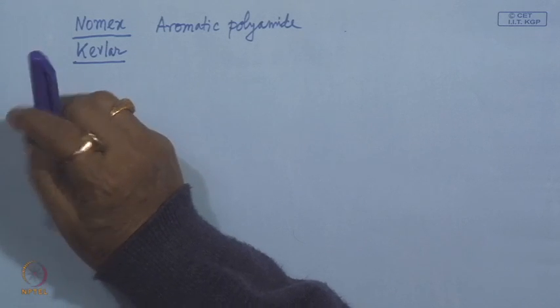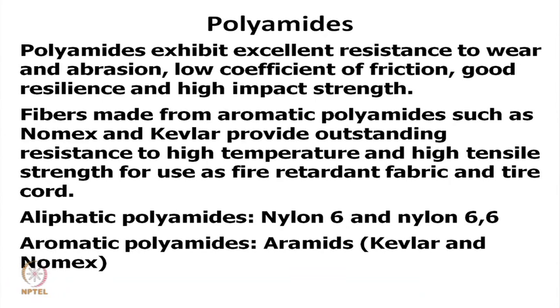Such aromatic polyamides as compared to aliphatic polyamides offer outstanding resistance to high temperature, and they offer very high tensile strength for use as fire retardant fabric. Not only that, fire retardant fabric that can be useful as protective armor or vests, which is resistant to bullet piercing, that means bulletproof jackets or bulletproof armors can be made from such high performance aromatic polyamides.